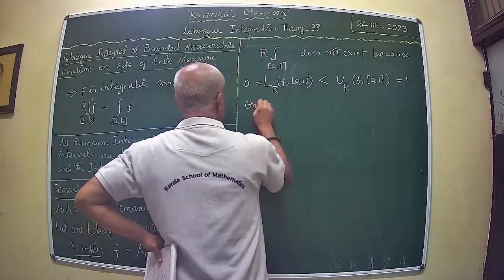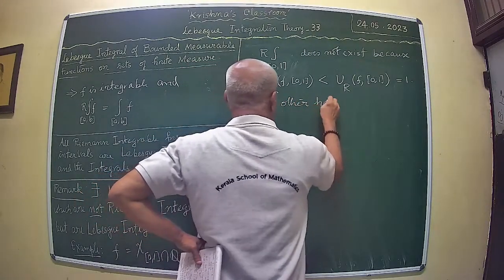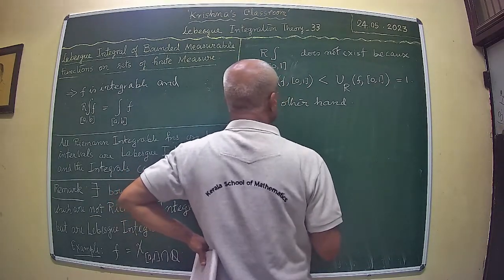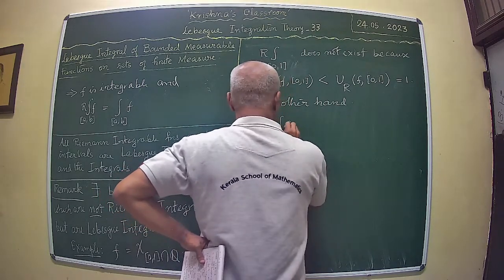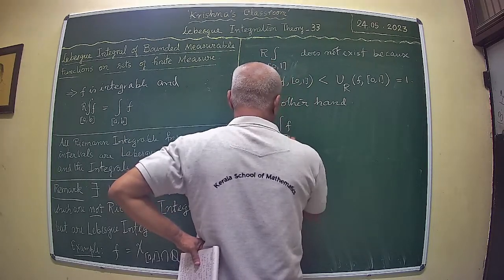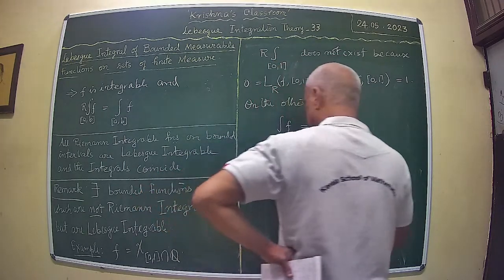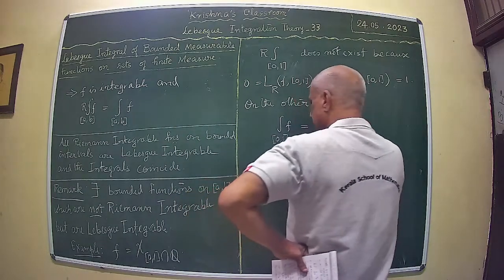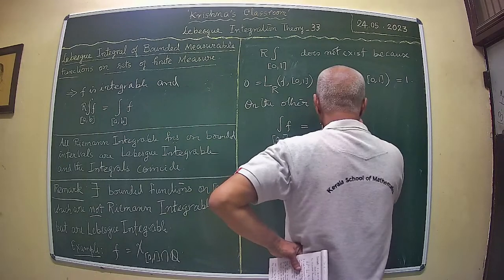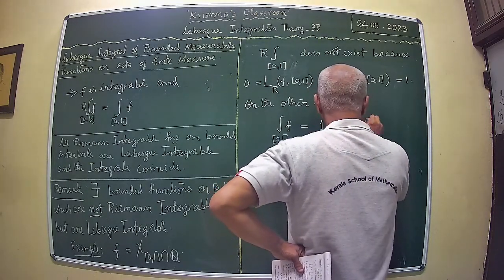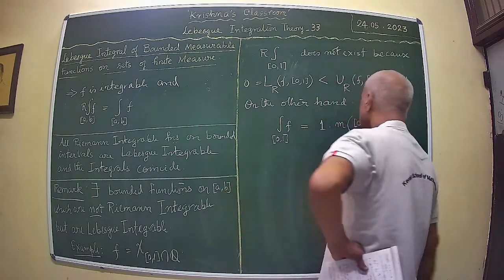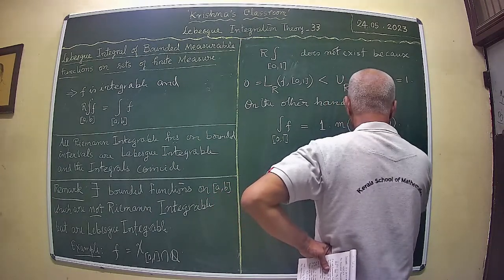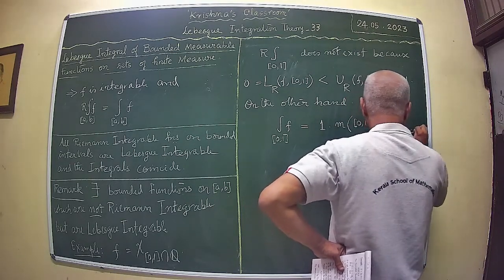On the other hand, the integral of f on 0, 1 is equal to 1 times the measure of Q, because it's a simple function, plus 0 times the measure of the complement.